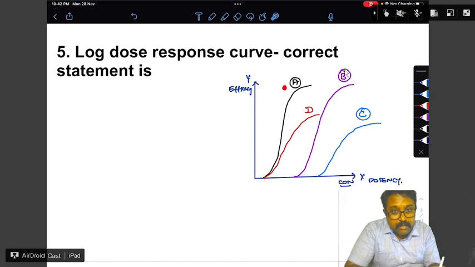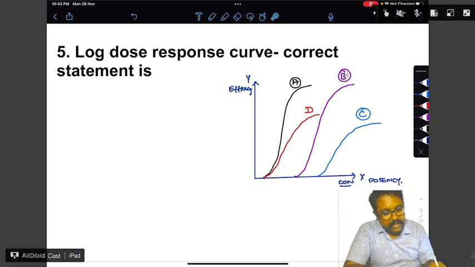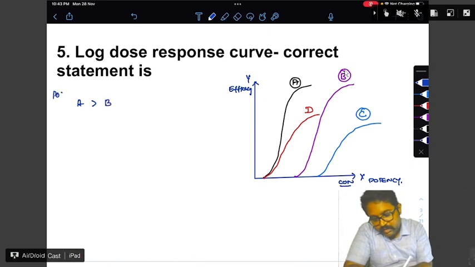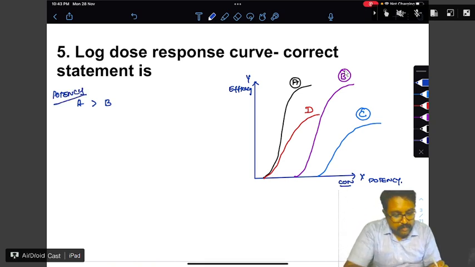Drug A has got more potency because it is producing the response at the minimal dose, whereas B requires more dose to produce the same efficacy as A. So A is more potent than B.